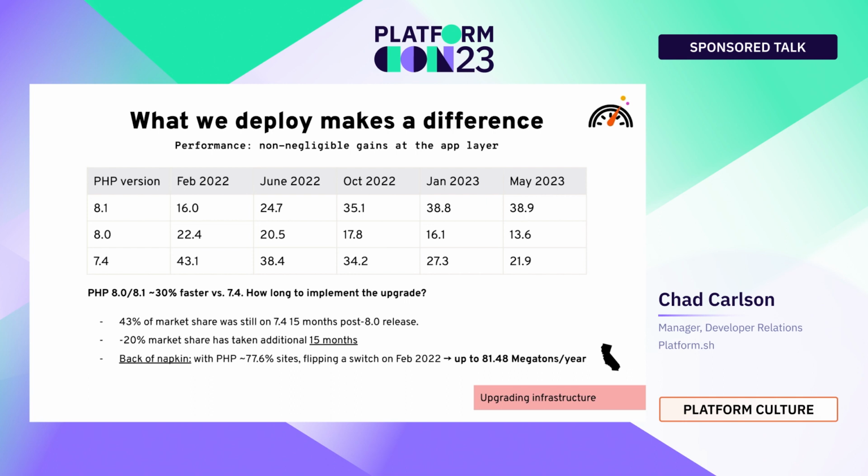And so at 81 megatons, that's about 16 million cars, which, the last time I checked, is more than the number of cars in the entire state of California and the emissions of the entire state. So even if we were off by 50%, 20%, whatever it may be, this is a real non-negligible number as far as contributions to our environment.